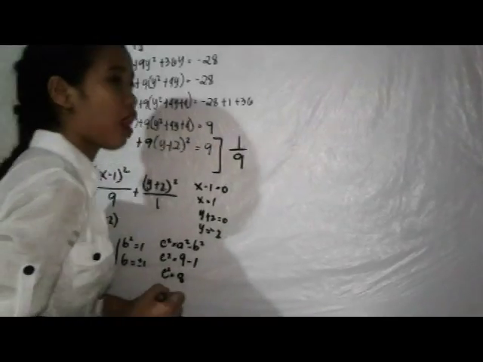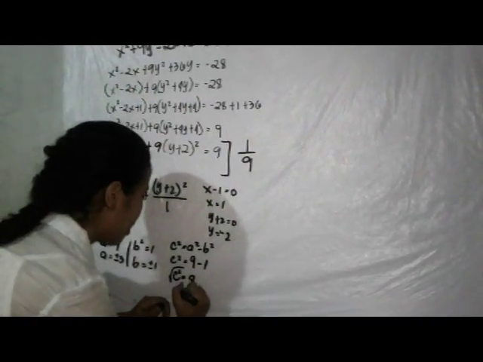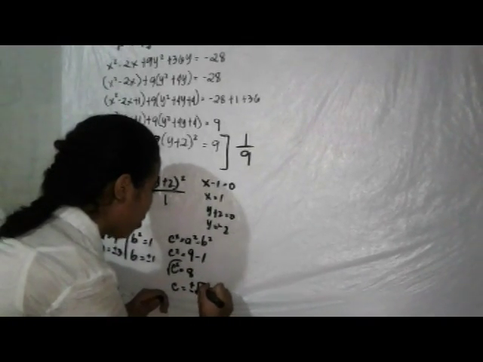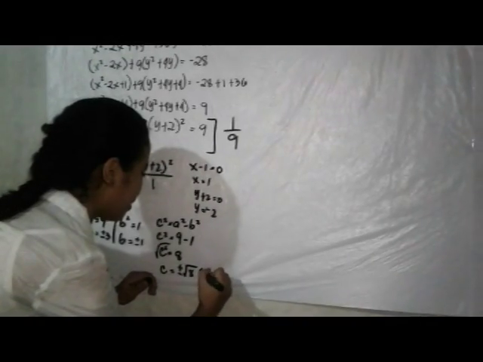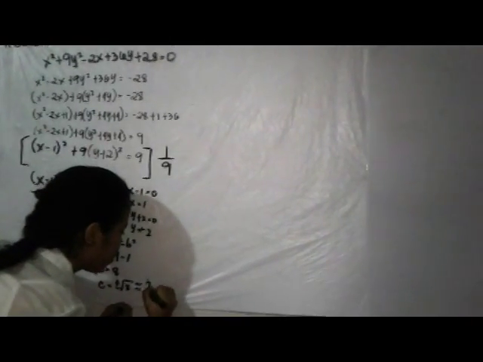Eliminating the square, c is equal to positive and negative square root of 8, and approximately it is equal to 2.24. So we have found the values of our a, b, and c, and let us proceed to find the value of our vertices.